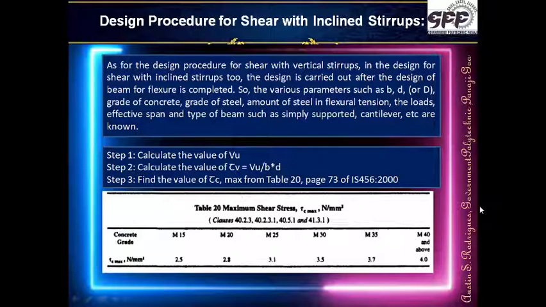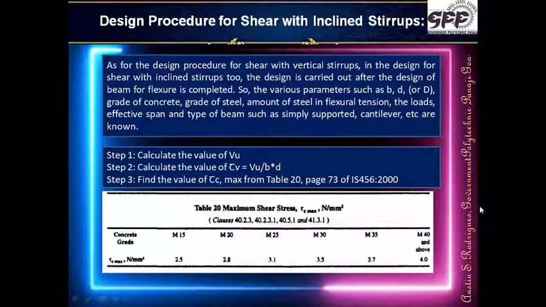Most important is that the longitudinal reinforcement has already been calculated. We have already calculated the one which we are providing as longitudinal reinforcement, not only what is required but what is being provided. So when we are doing the design for shear with inclined stirrups, first we calculate the value of the ultimate load which is coming at that particular section, which creates that shear.